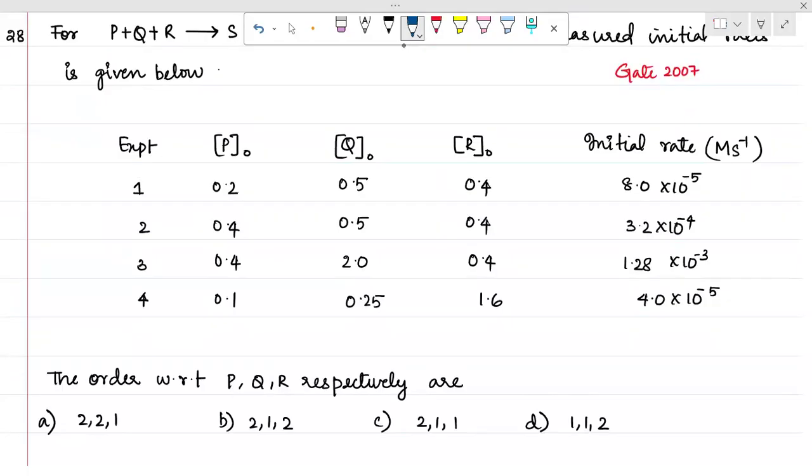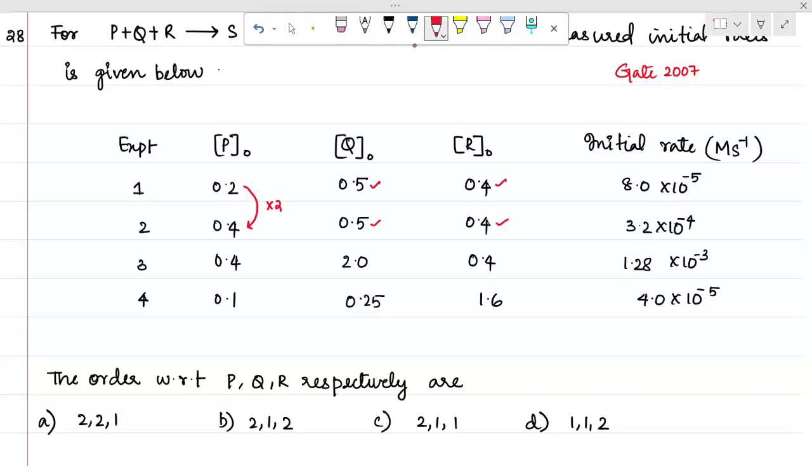Now let's say that I want to find the order with respect to P. I have to find two experiments where my concentration of P is changing, but my concentration of Q is kept constant and concentration of R is kept constant, so that I can relate it to the rate.